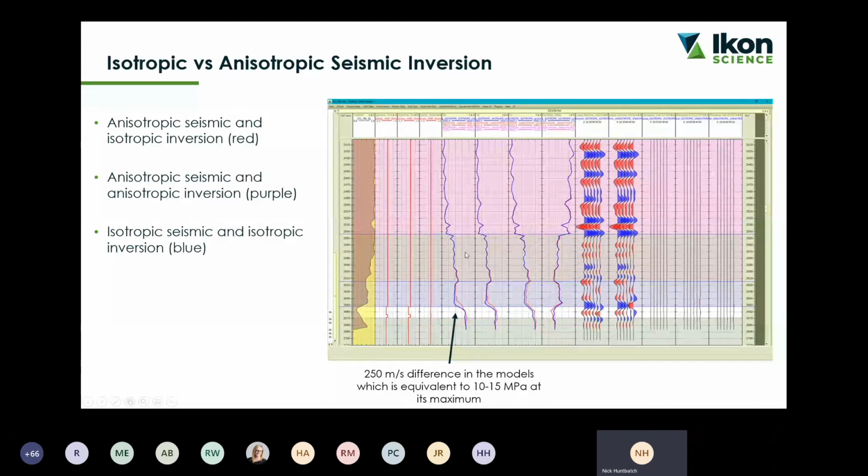So what we're saying here is that if we take this into our understanding of pore pressure and cap rock integrity, etc., we can see there's significant risk of misunderstanding what we're going to encounter with the drill bit. 250 meters per second, not insignificant in terms of those workflows.